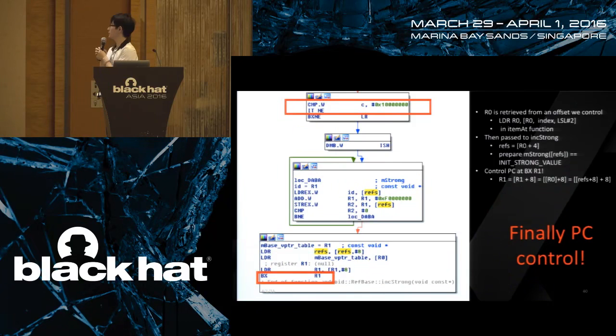The offset is quite complex. First, the R1 is retrieved from an offset we can control in the item add function, and then it is passed to incStrong. We need to bypass the check that mStrong should be equal to the INITIAL_STRONG_VALUE to finally trigger the BX R1 and control the PC at the last location.